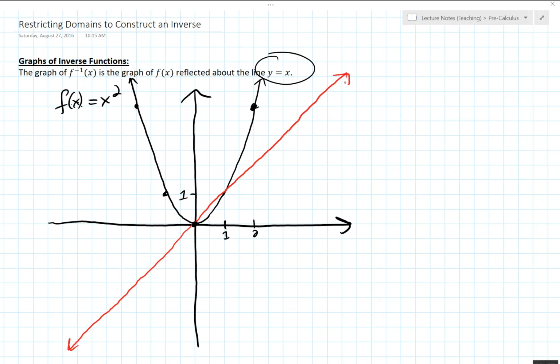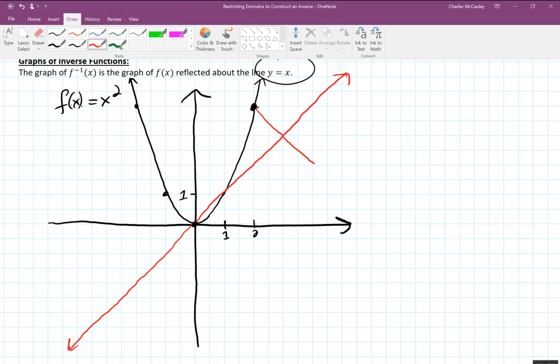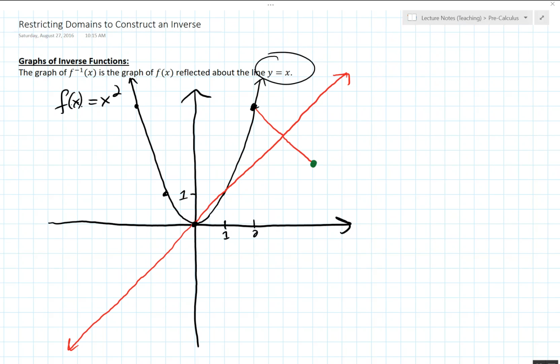So when we say reflected about the line y equals x, we're going to drop a perpendicular from a point like this, and its reflection is just going to continue in the same direction for an equal amount of distance. So in this example, the reflection of this point, which I'm going to draw in green here, would be right there, since those two points are equal distance.